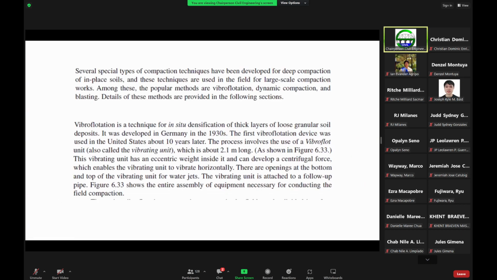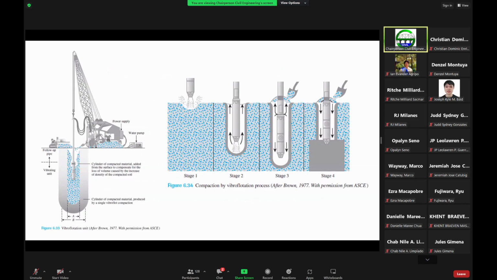Now, this vibrating unit has an eccentric weight inside it, which can develop a centrifugal force, which enables the vibrating unit to vibrate horizontally. So if we again look at the entire assembly here, usually what we do on the site is try to compact the soil using vibration, or we call it vibro compaction, at deeper depths.